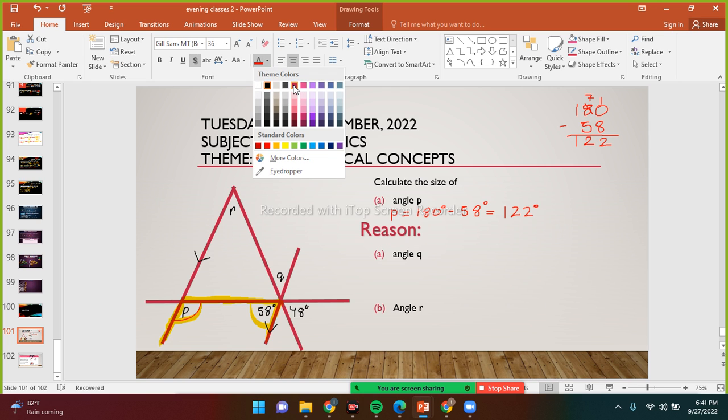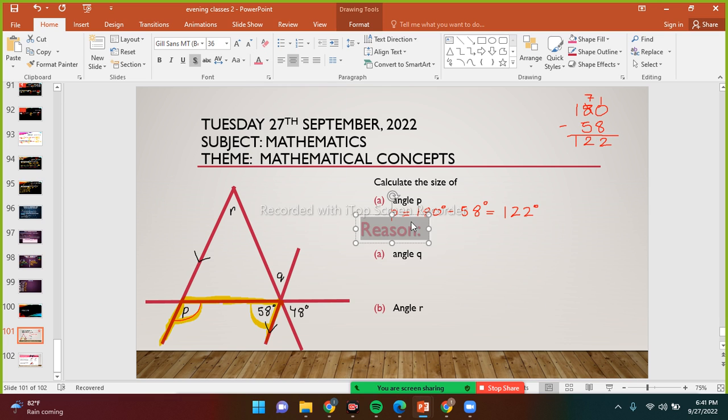Because the two parallel lines equal 180, so we take away 58. Because co-interior angles add up to what, Mr. Bino? 180 degrees. Very good. And what angles are co-interior angles in this question? The P and what else? The 58 degrees. Very good. So the reason is that co-interior angles add up to what?